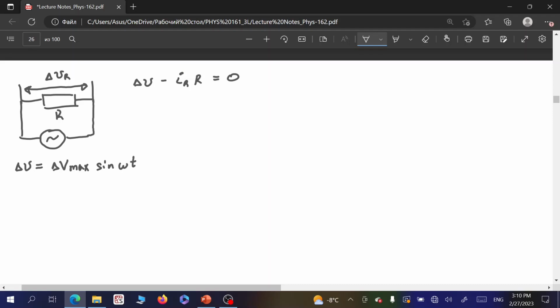So how do we define now the instantaneous current? That will be instantaneous voltage difference divided by active resistance. Or in other words, if we apply this time dependence function for instantaneous voltage, we will get delta V maximum divided by R times sine omega t.